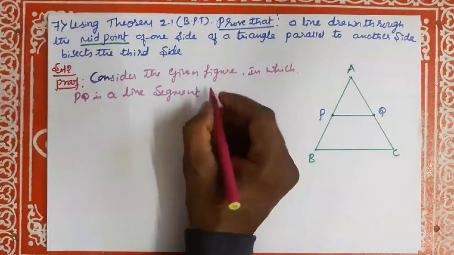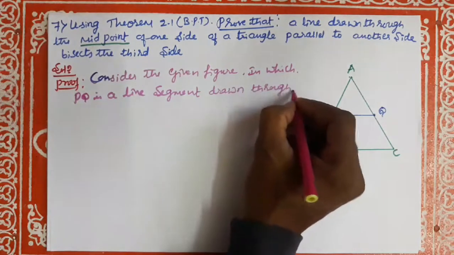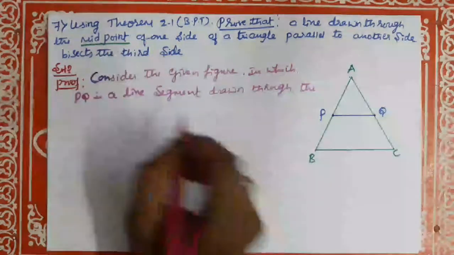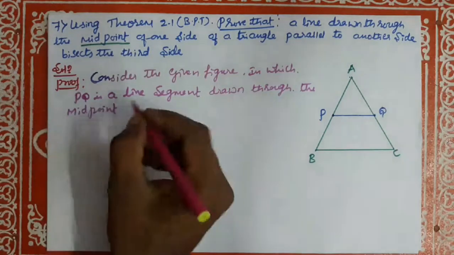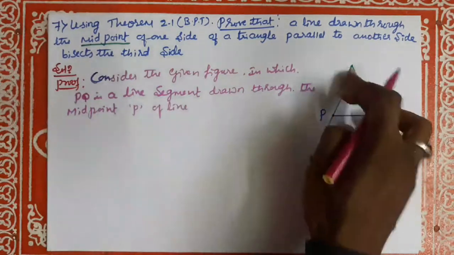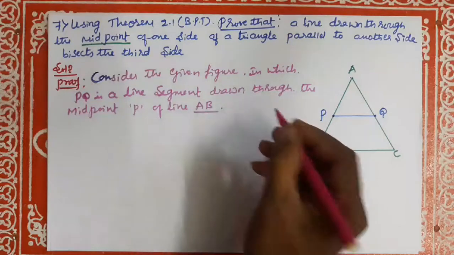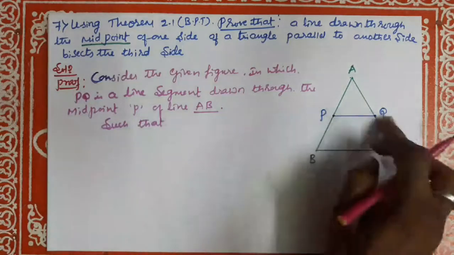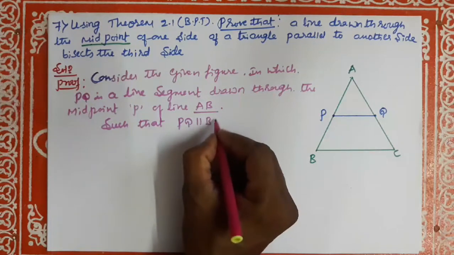Consider the given figure in which PQ is a line segment drawn through the midpoint P of line AB, such that PQ is parallel to BC.